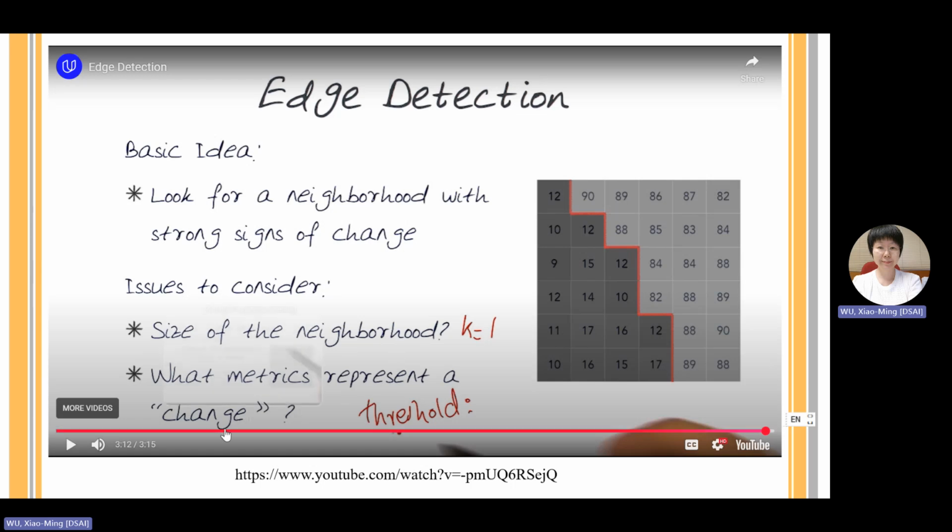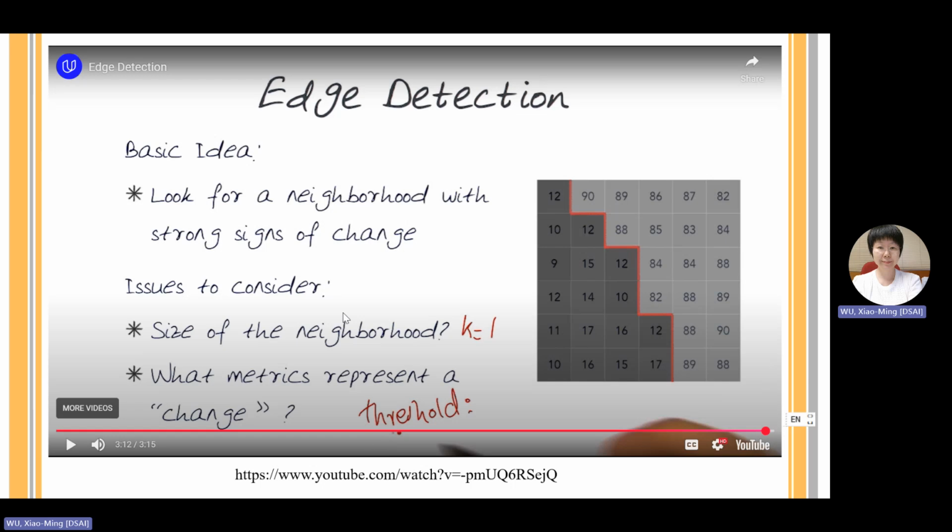And what represents a significant change? You need to set some threshold. If the changes are too small, if the differences are just 2 or 3 or 4 or 5, then these changes may not represent a significant edge, and you shouldn't consider them as an edge pixel.